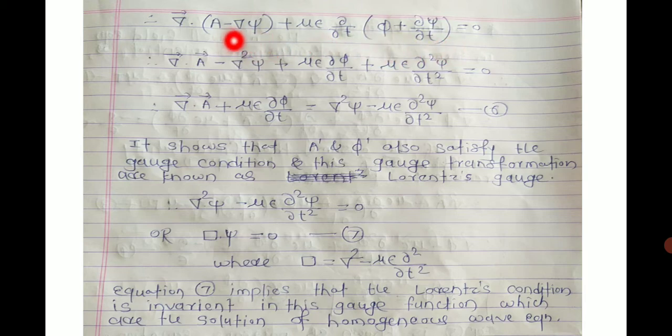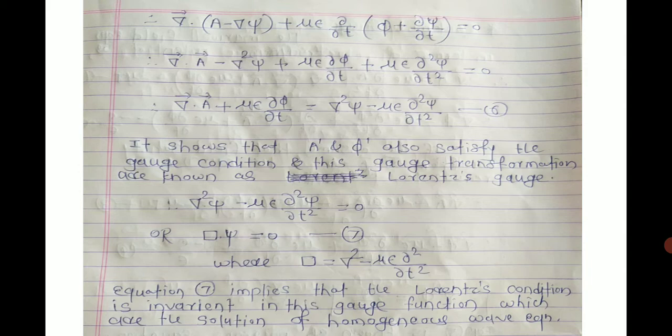Then we multiply out: del dot A minus del square psi plus mu epsilon dabba phi by dabba t plus mu epsilon dabba square psi by dabba t square is equal to 0.